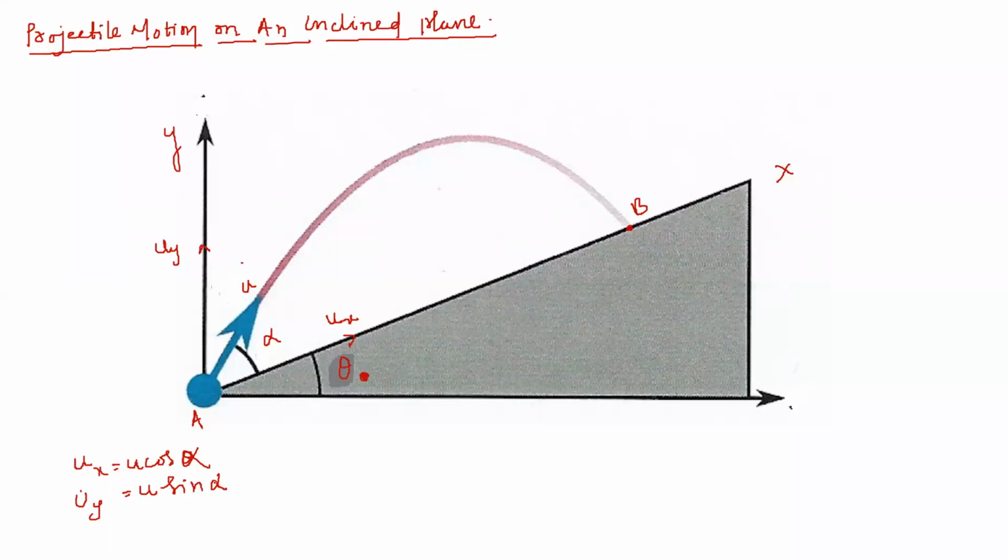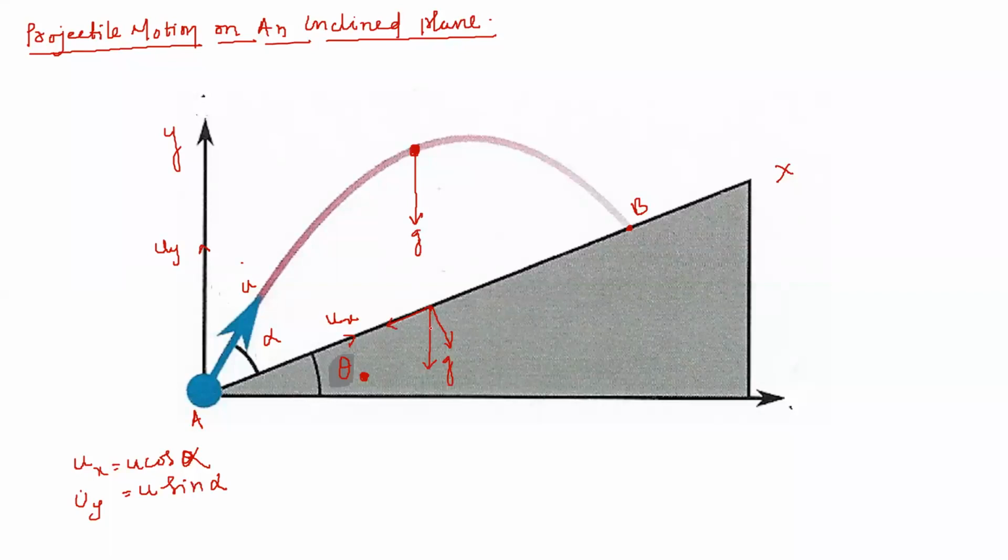Students, let's talk about acceleration due to gravity. Let the projectile be at some point at some time. Gravity always acts vertically downward, g, and the gravity will have two components. You have already learned this, vector resolution.